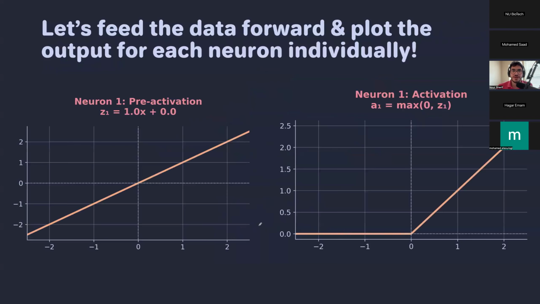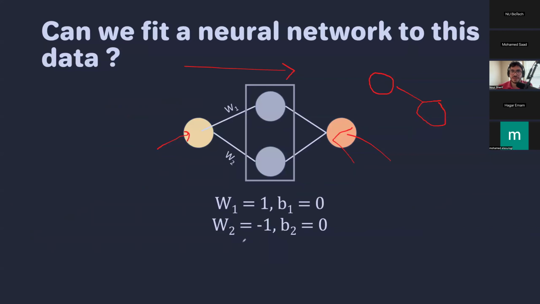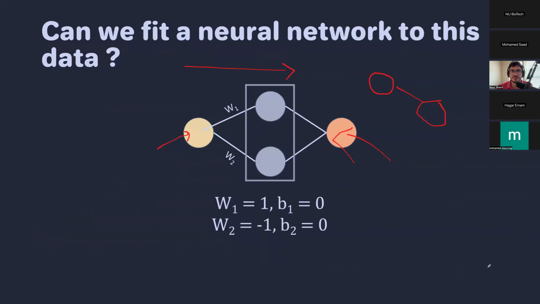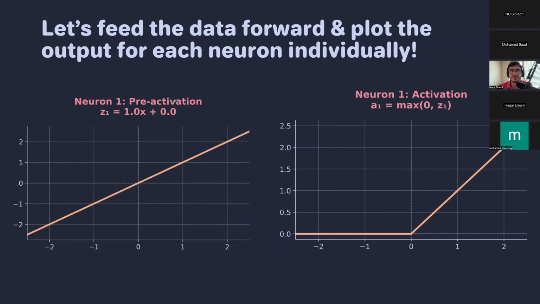So now, the first neuron, when you pass all the data we have here, if we take the same X-axis values, from -2 to 2 almost, and you pass them here, this is what the pre-activation looks like. We said that W1 is equal to 1, and this is the X value, and the bias is 0, right? So this is the pre-activation.